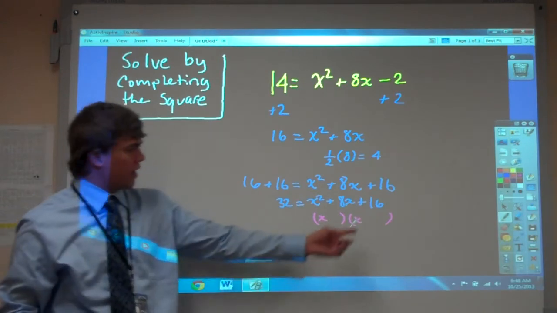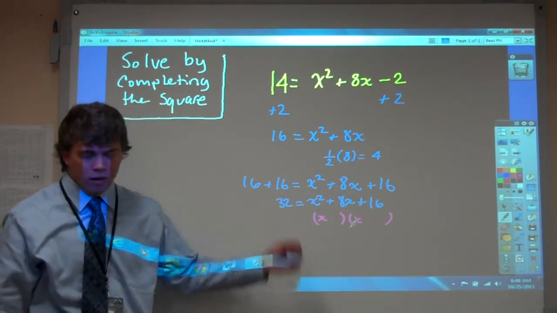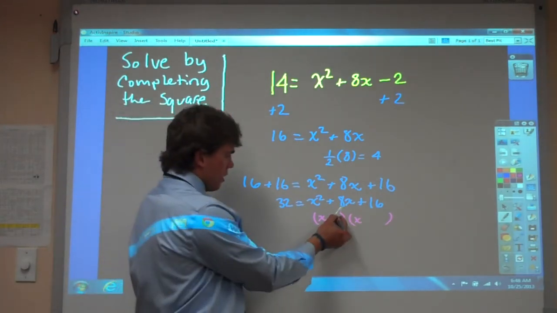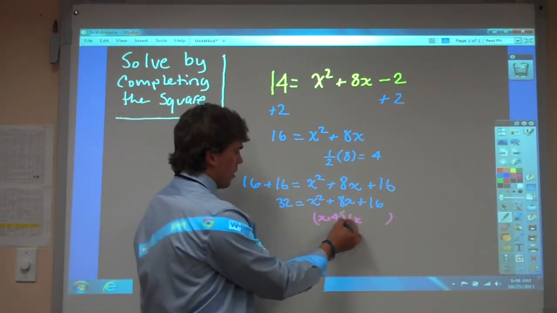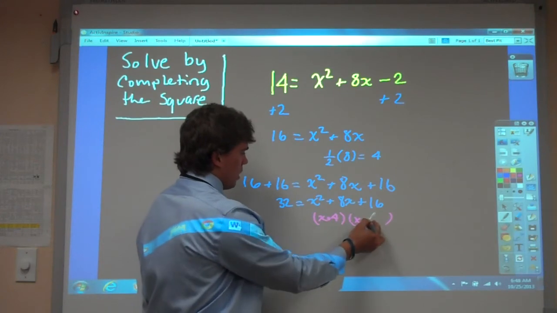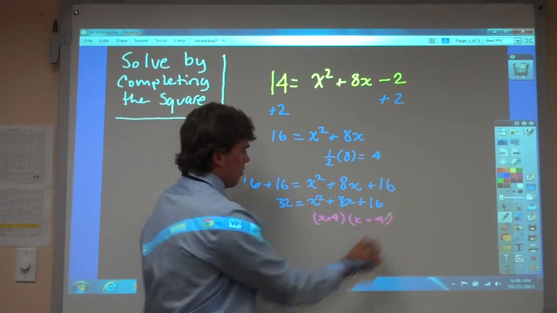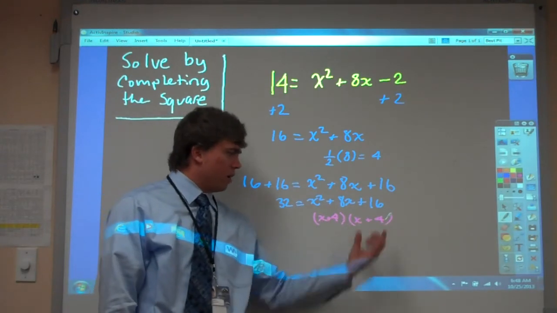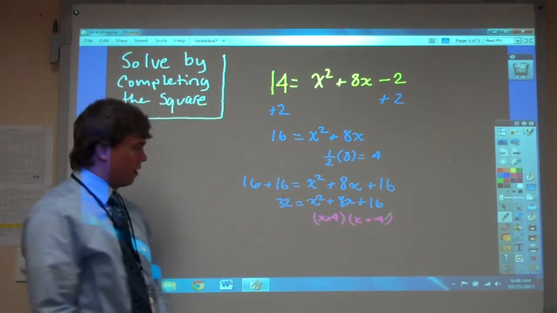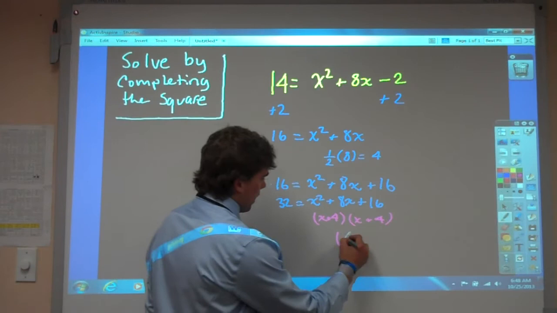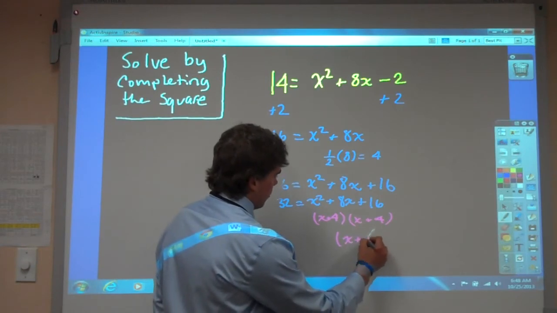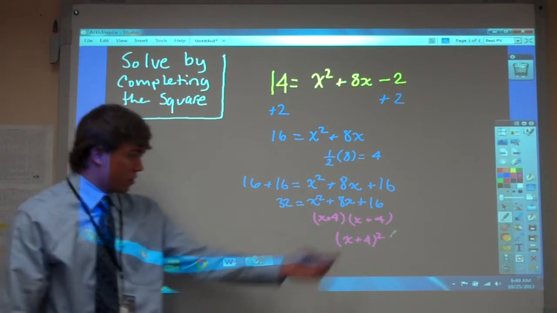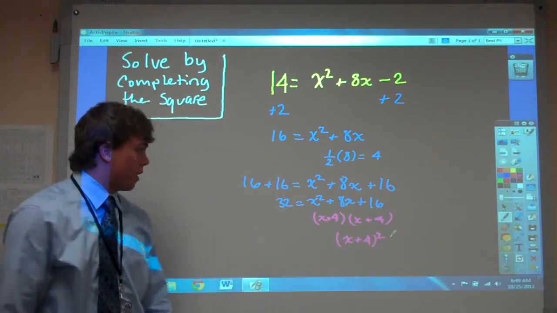We need numbers that multiply to be 16 and combine to be 8. Well, that's going to be a positive 4 and a positive 4. And we know that whenever we have something multiplied by itself, we can write it as x plus 4 squared. Because that's what squaring something is saying: multiply it by itself.